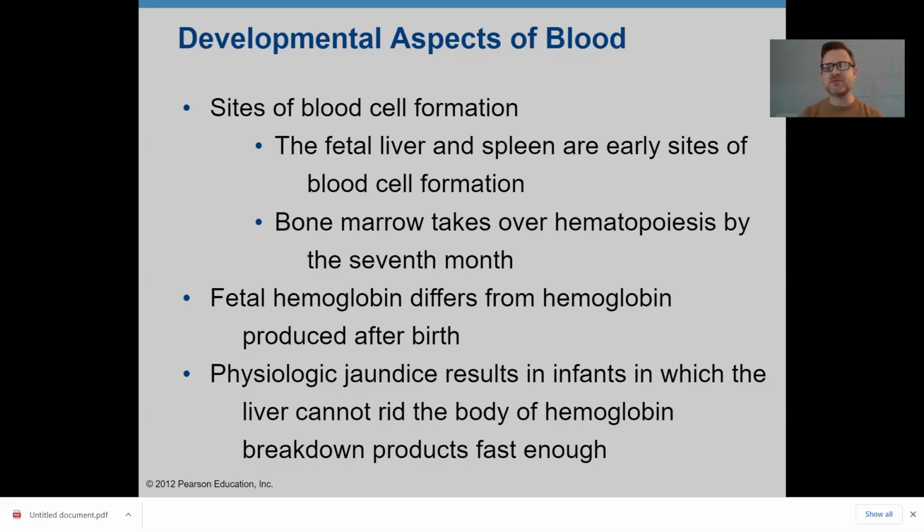Fetal hemoglobin differs from hemoglobin produced after birth. So the mom has hemoglobin, right? Duh. Well, the baby has hemoglobin too, because the fetus in the womb, the heart's beating, the blood's pumping. Fetal hemoglobin actually binds oxygen stronger than the mom's hemoglobin. So the baby literally rips the oxygen from the mom's hemoglobin in the placenta and takes it for itself.